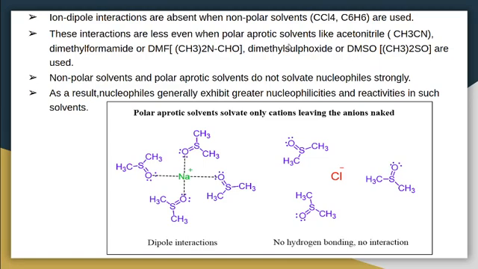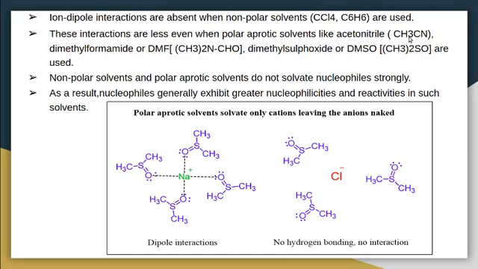So there are non-polar solvents like carbon tetrachloride and benzene. If we use non-polar solvents like this, there will be no ion dipole interactions. And if we use a polar aprotic solvent, there will be no hydrogen atom for forming a hydrogen bond.